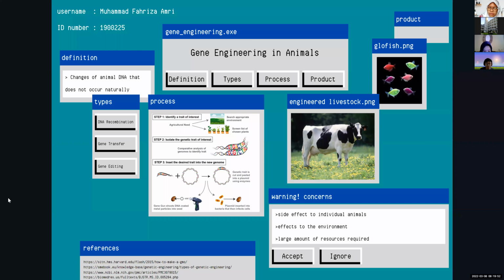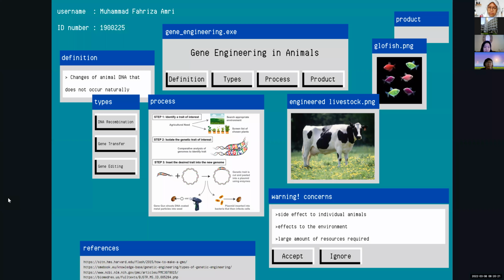If you want to be more accurate with the traits that you want to introduce, it would be gene transfer. But if you want to be safe, because you're not doing much to the genetic material of the animals, you can use gene editing, because the genetic material is pretty much still the same. It's just that you turn off this and turn on that. It's basically just that. As for the better one, it depends on what you define as better.